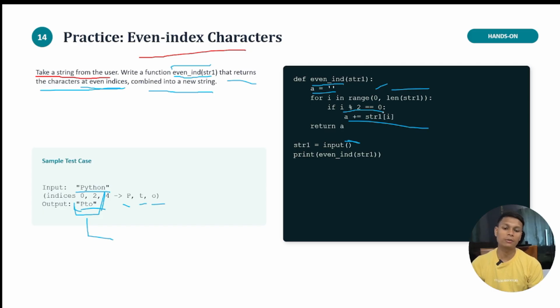By using i % 2 == 0, meaning the number is divisible by 2, so it is even. If it is not divisible by 2, it is odd. You know all this. After that, we simply take input from the user and call our function.